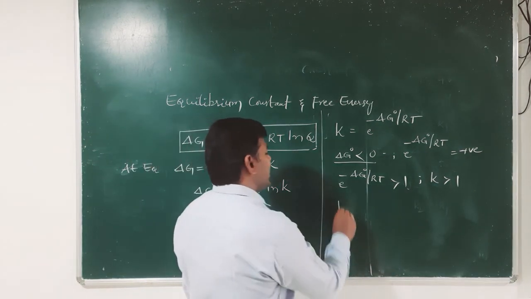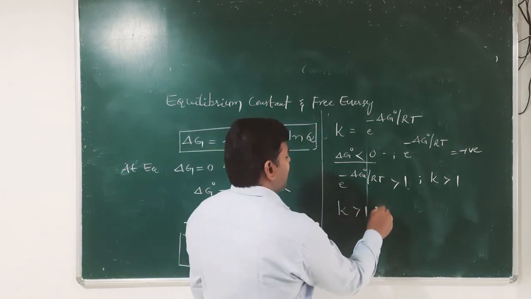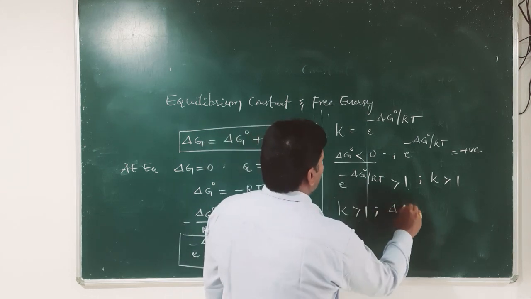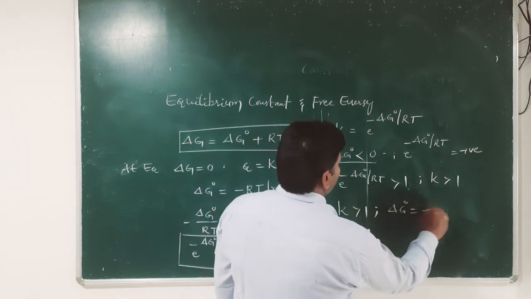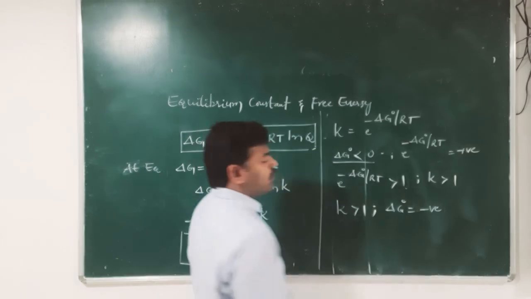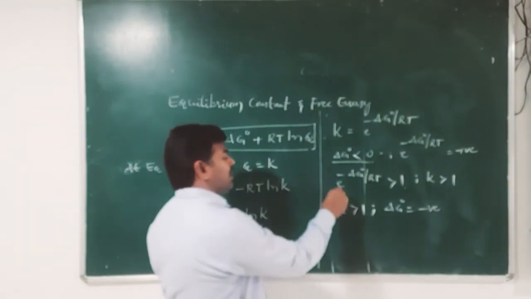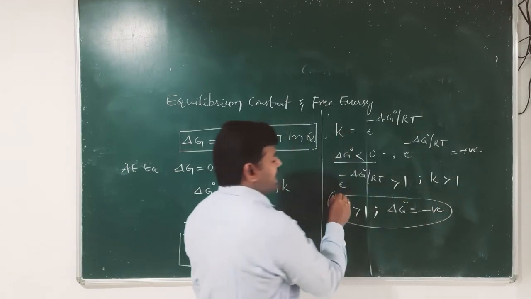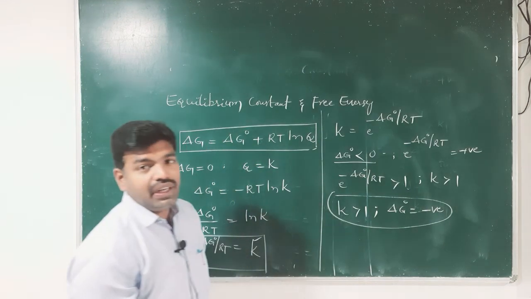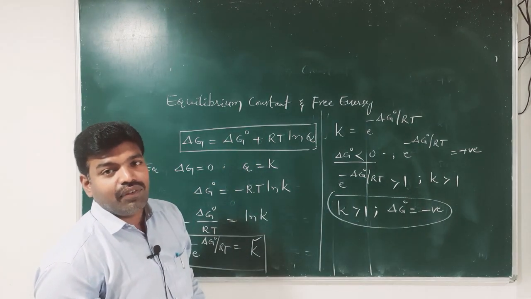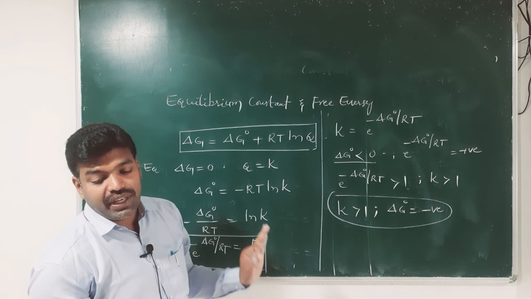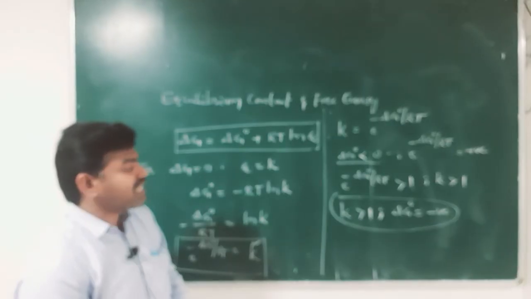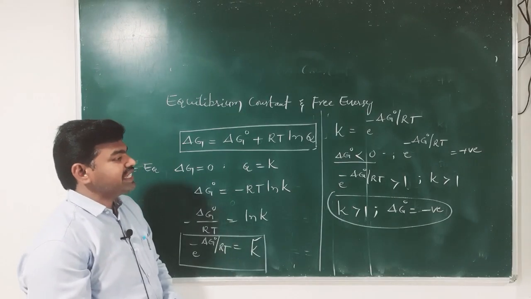Whenever K is greater than 1 and delta G naught is negative, that implies that the forward reaction is a spontaneous reaction.